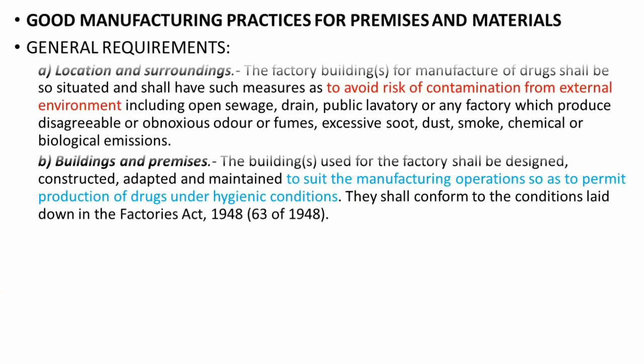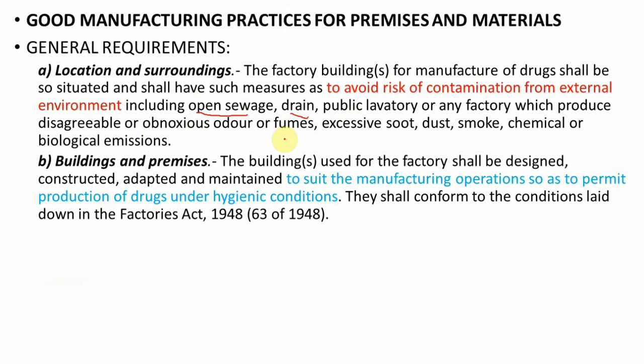Next one, the good manufacturing practices for premises and materials. First, the general requirements. In that, A, location and surroundings. The factory building for the manufacture of drugs shall be so situated and shall have such measures as to avoid the risk of contamination from external environment, including open sewage, drain, public lavatory, or any factory which produces disagreeable or obnoxious odor or fumes, excessive soot, dust, smoke, chemical or biological emissions.